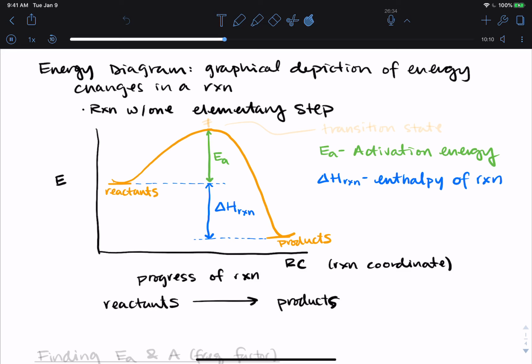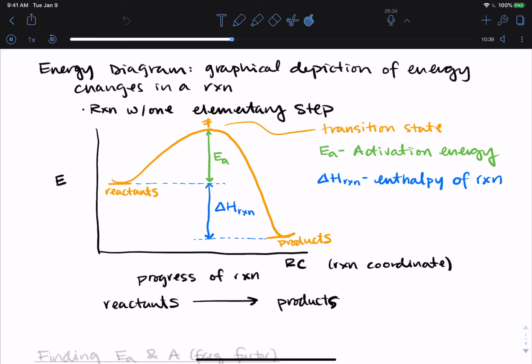And then a last little piece, the top part of this hill, I'm going to label with something called a double dagger, which is just a straight vertical line with two horizontal lines through it. That label lets you know that at this point, we have something called a transition state. It's just a high energy, partially formed product, something you see on the way.